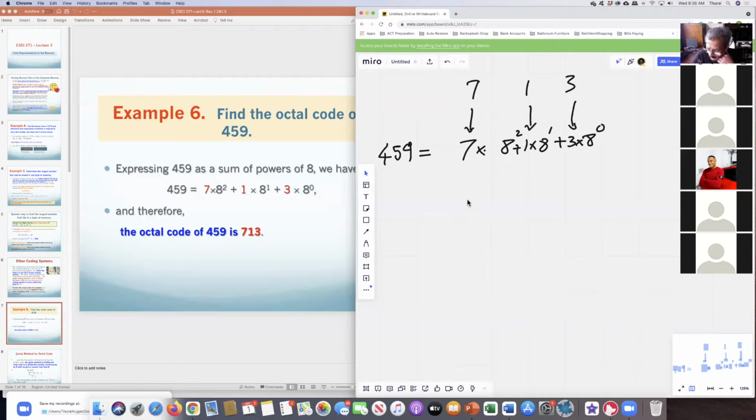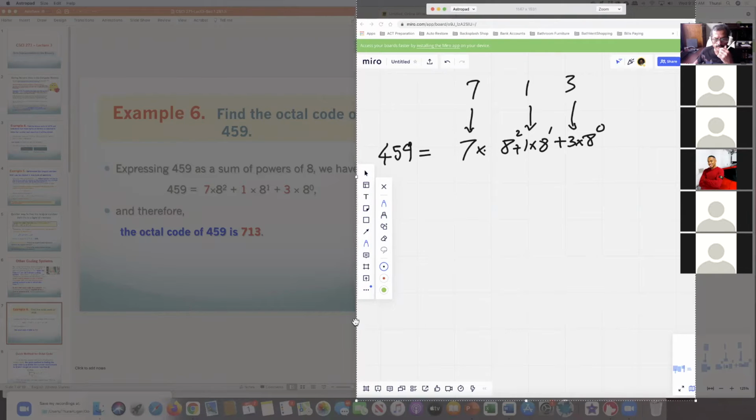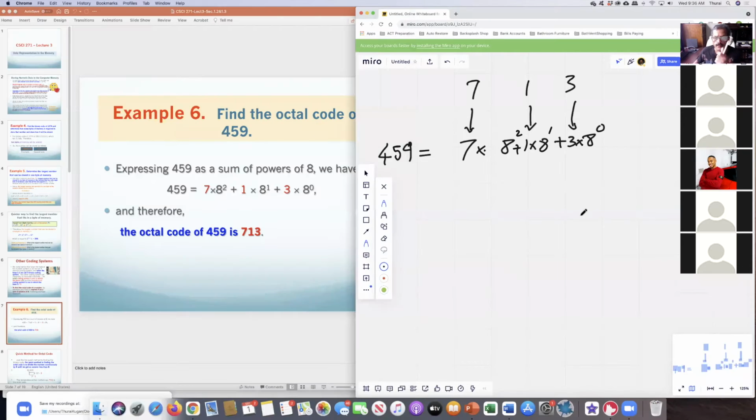So take 459 and divide it by 8. You just have to write the answer and the remainder.